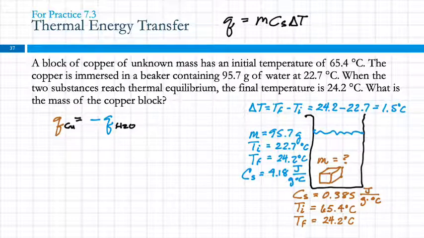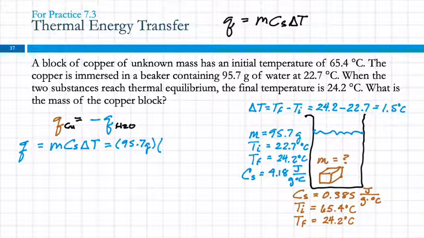You can put the whole thing together and solve it and have a big mess, which if you're good with algebra might be the way to go, or we can take some pieces and then put them together. So that's the approach I'm going to take. So we're going to find Q for the water. It's M for the water, C for the water, and delta T for the water. So the mass of the water is 95.7 grams. We looked up the specific heat capacity, 4.18 joules per gram degree Celsius.